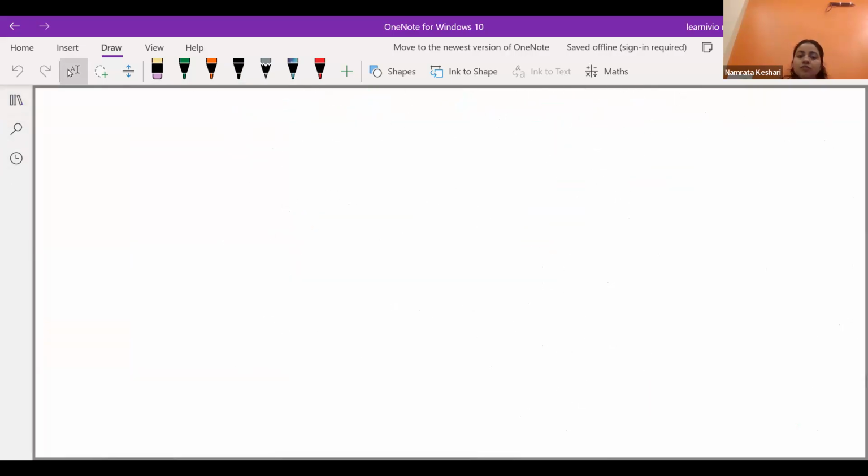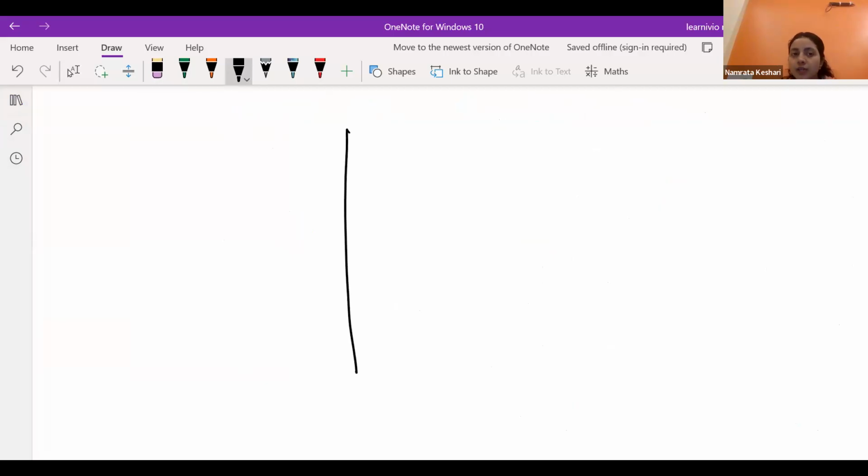So the first concept in coordinate geometry is, if I am asking you about points which are lying on the y-axis, let me write the question, then only it will make sense.